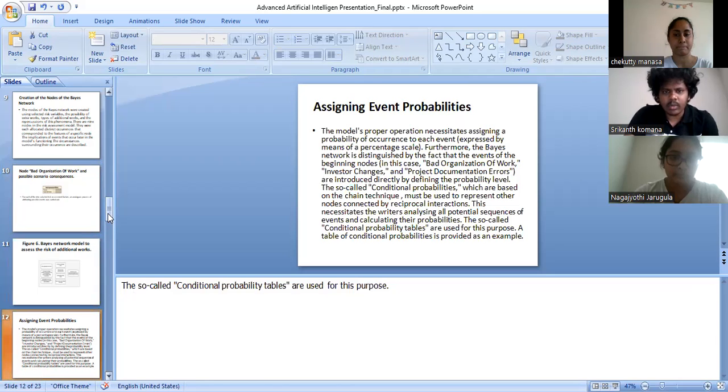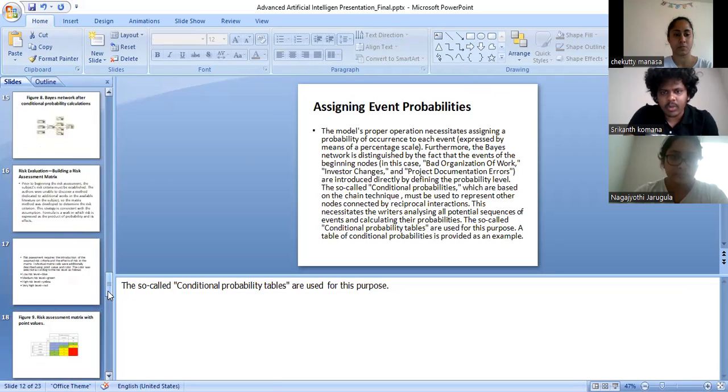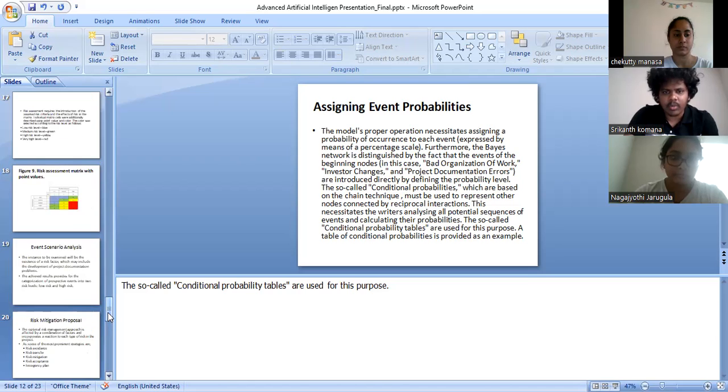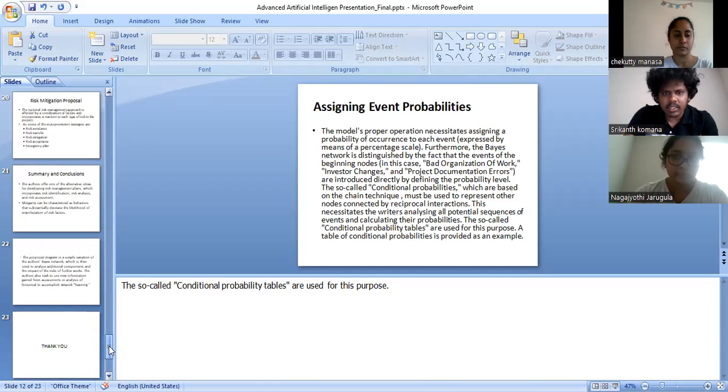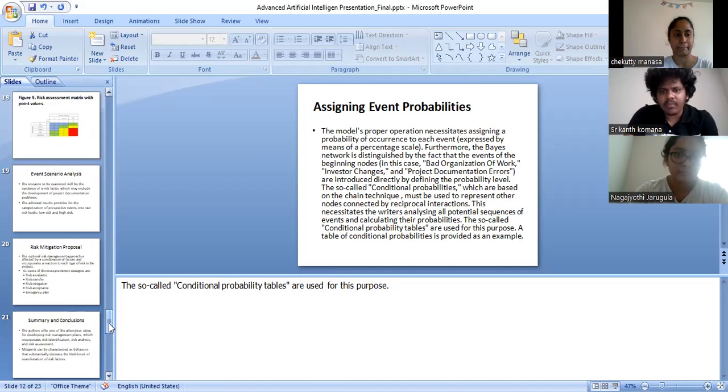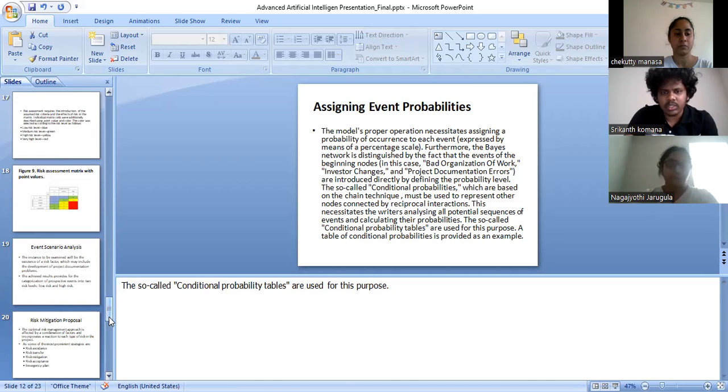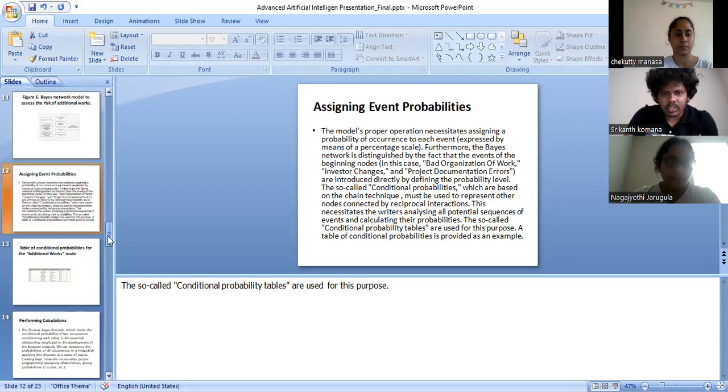Assigning event probabilities. The model's proper operation necessitates assigning a probability of occurrence to each node. The Bayes network is distinguished by the fact that some events are root nodes, such as investor changes and project document errors. Investor changes and project document errors are introduced directly by defining the probability level. The so-called conditional probabilities, which are based on the technique, must be used to represent other nodes connected by reciprocal interactions.